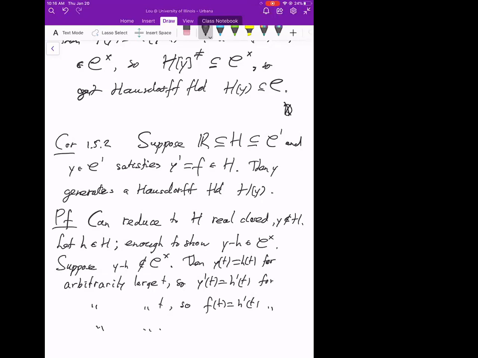I have to assume that H is actually closed under derivatives. What I want to use now is that H prime is also in H, but that's not part of the Hausdorff field axioms. Let me see, how could I have overlooked this?